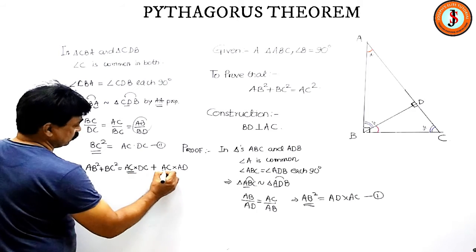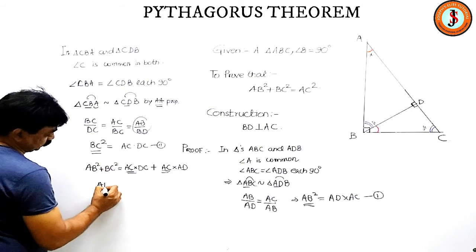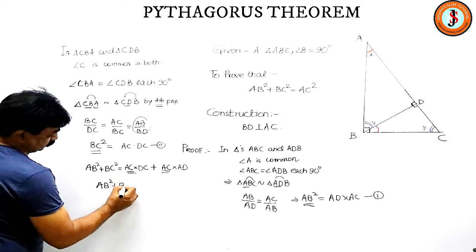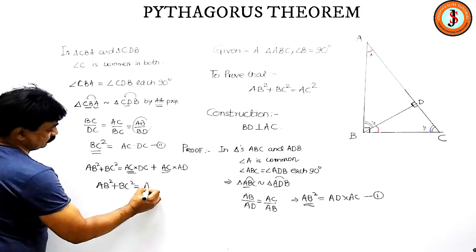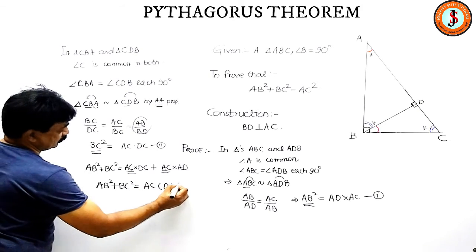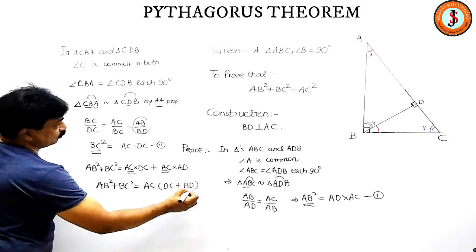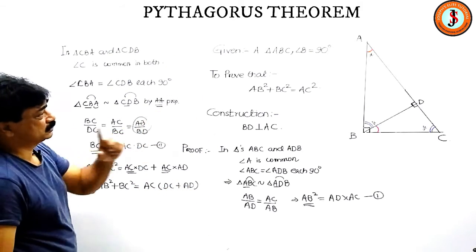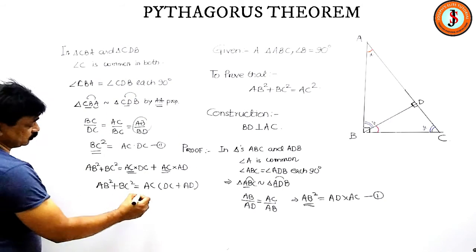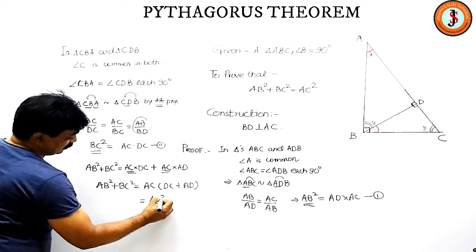So I take AC common. Now what is DC plus AD? DC plus AD is again AC. So AC into AC will be AC square.